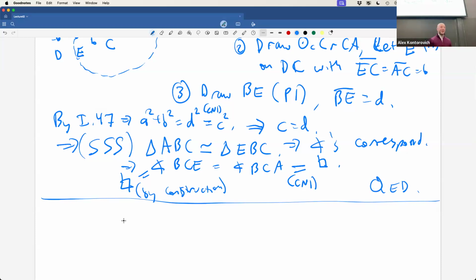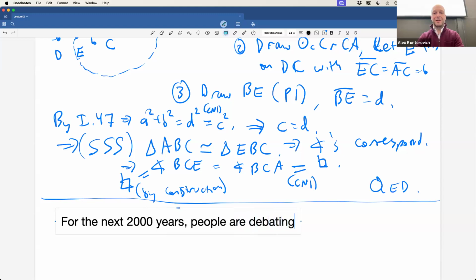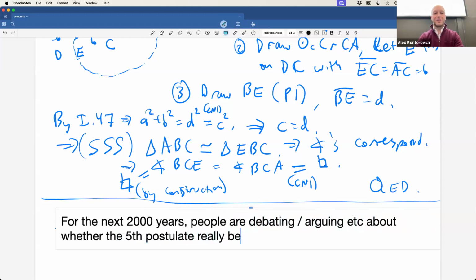So people spent the next 2,000 years trying to figure out, shouldn't the 5th postulate, it smells like a theorem, doesn't it? We talked about this and you saw the video, so you know the answer. But for the next 2,000 years, people were debating and arguing about whether the 5th postulate really belongs.